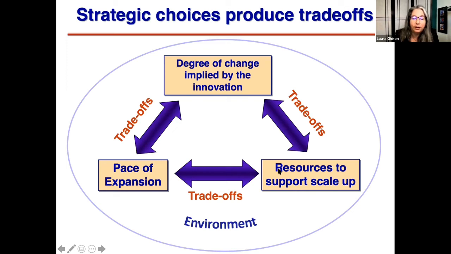As you are able to develop additional resources, you can hopefully expect that your pace could expand. But this is a key lesson that I wanted to emphasize before I give the floor over: there are trade-offs to be made in these interrelationships, and all of this is taking place in a larger environment that affects these interactions. So that's one key scaling up lesson to leave you with.